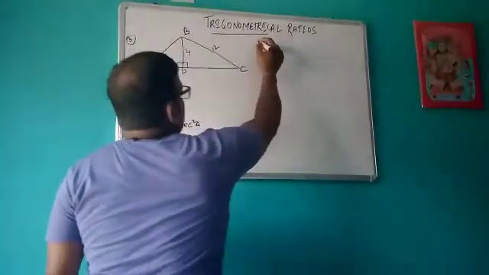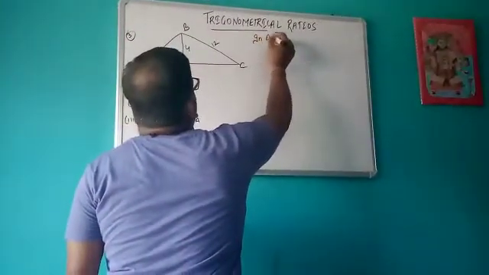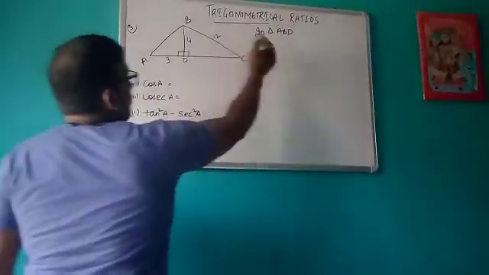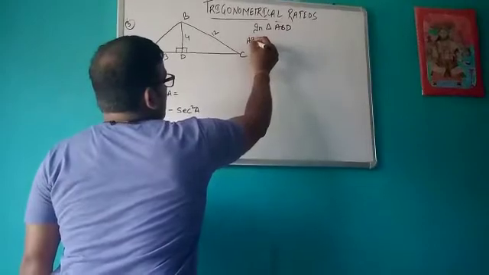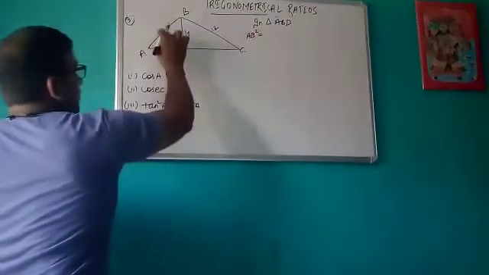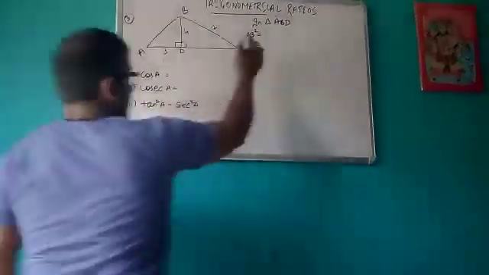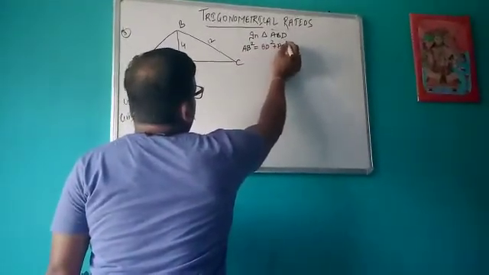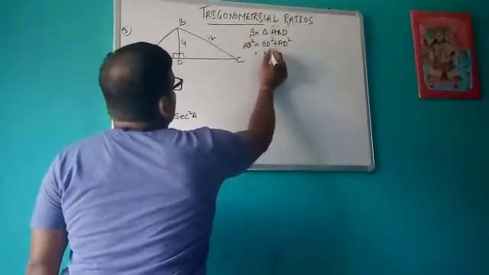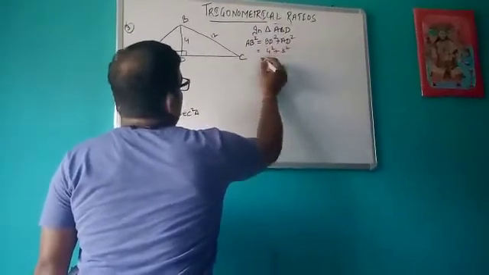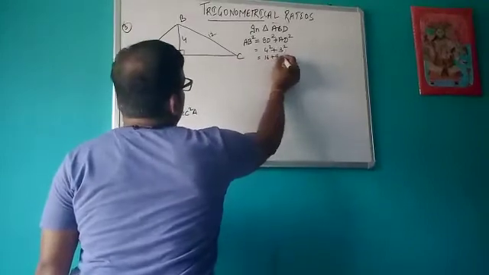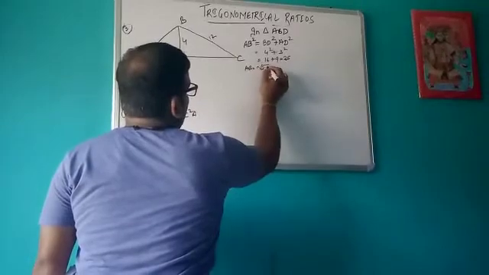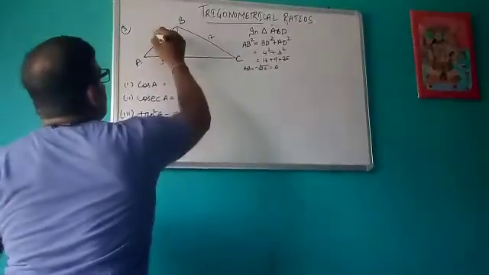Taking the first triangle, triangle ABD, we will find AB, and AB is the hypotenuse for this triangle. So AB square is equal to BD square plus AD square. Again we use the Pythagoras theorem: 4 square plus 3 square, that is 16 plus 9 equals 25. So AB will be the square root of 25, that is 5.